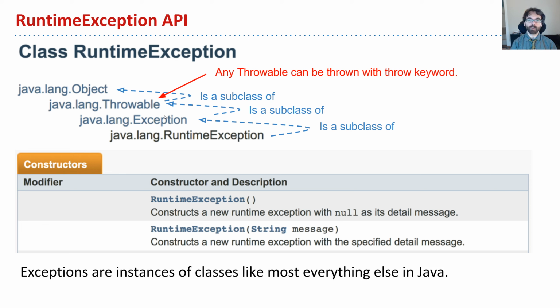And as a result, the interpreter says, okay, stop what you're doing. You've been given an exception and you break the usual flow of control. And we'll talk about what happens from there in a moment. So exceptions, though, I just want to mention that they're instances of classes, just like pretty much everything else in Java, and have a couple different constructors.